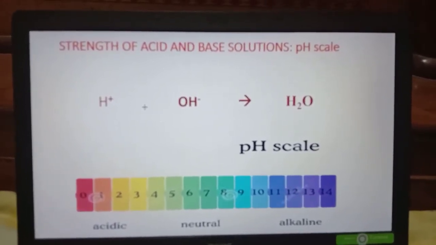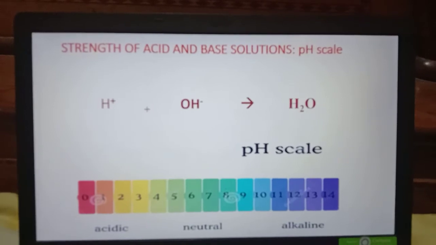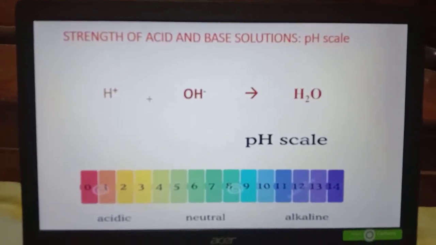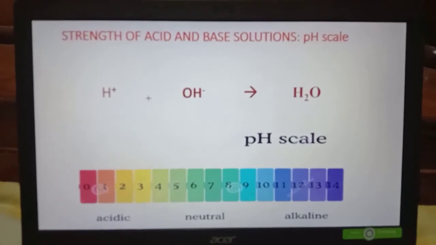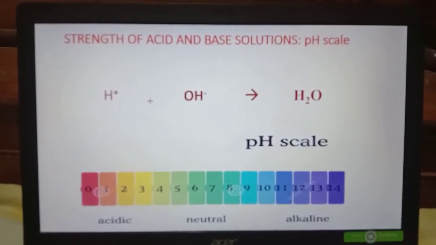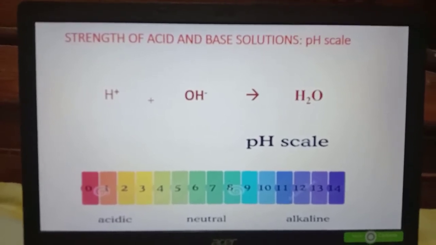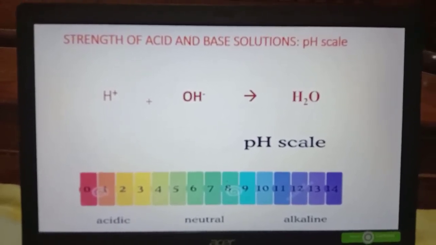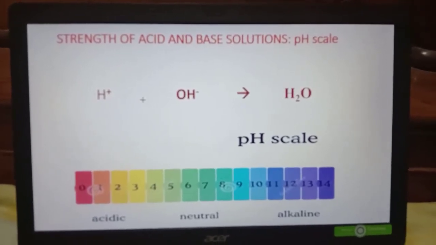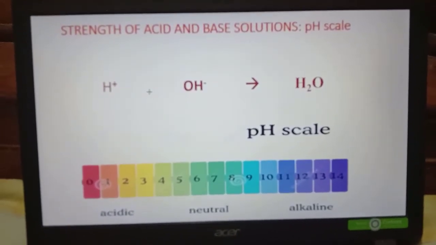Now next, it's totally reverse. For example, you have taken water. In water, hydrogen ions and hydroxyl ions are already present. Now you have added some base into it. A base, on ionization, is going to give us hydroxyl ions.